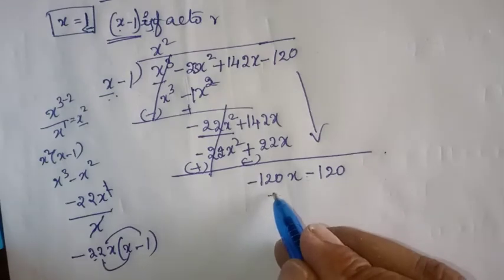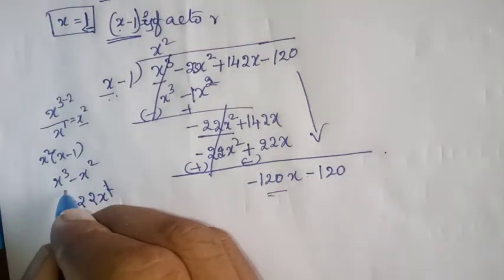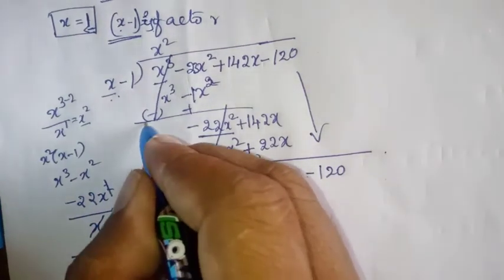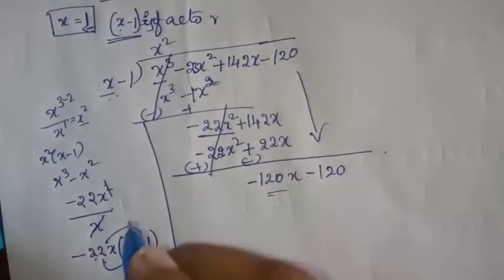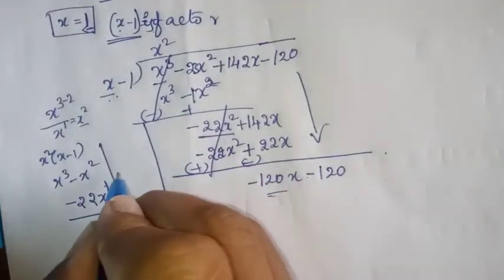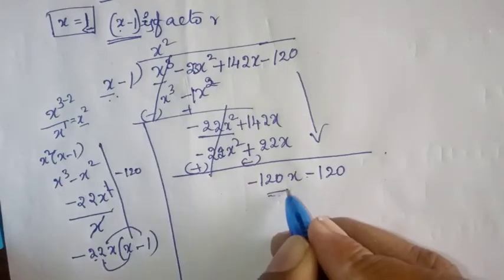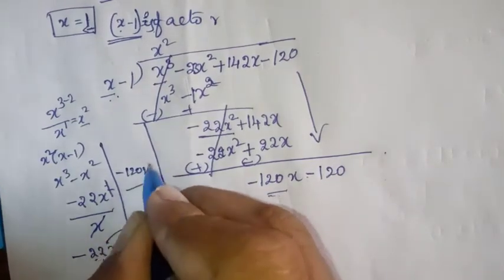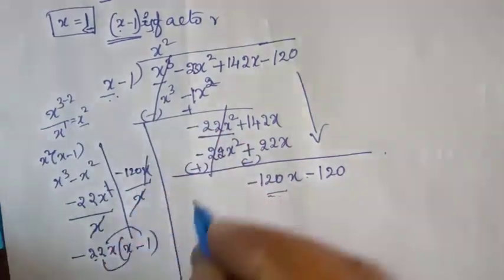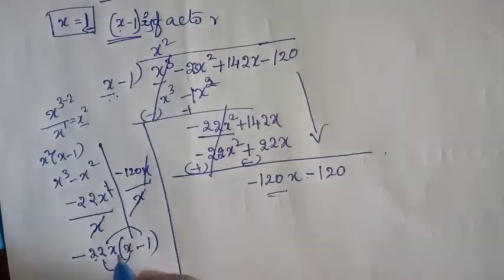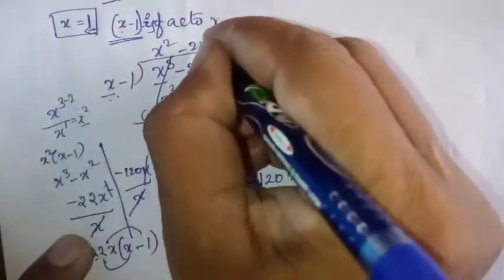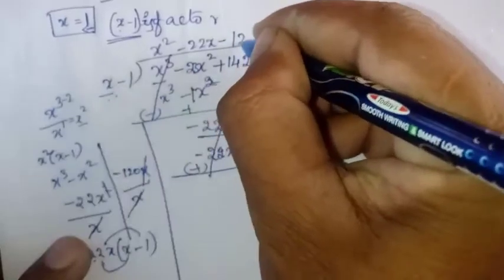Now this is the first term, minus 120x divided by the first term, that's x, cancel, minus 120. Here the first term we got minus 22x, now we got minus 120.